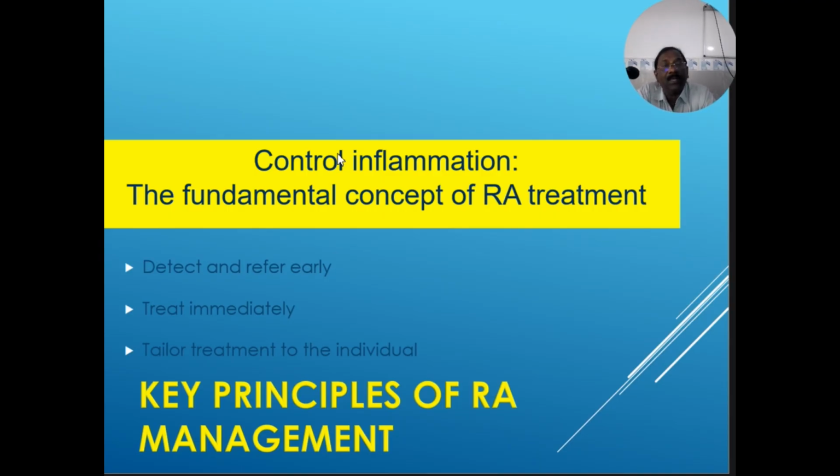Suppose the patient is pregnant, then definitely our hands are very tied in using leflunomide and also methotrexate, and you can safely use hydroxychloroquine. Suppose the person is having rheumatoid lung, that is mostly either because of interstitial lung disease or sometimes it could be because of your methotrexate therapy.